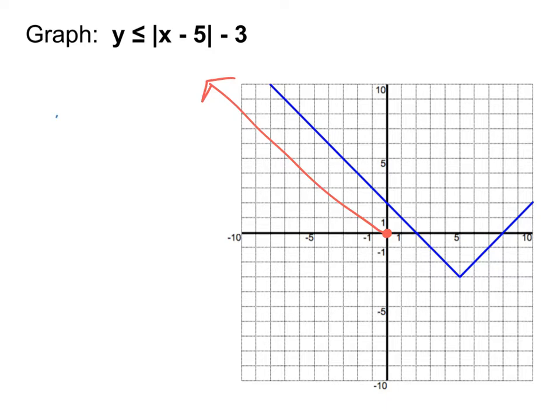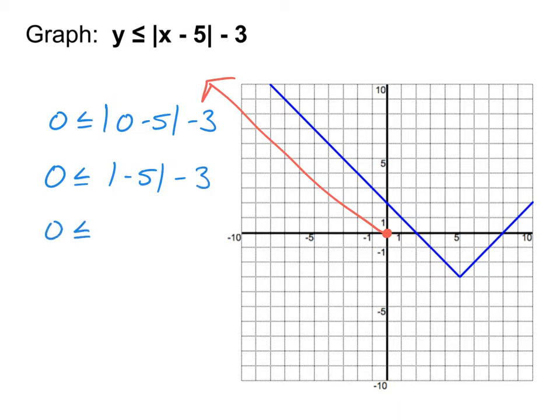If I do that, then it becomes 0 is less than or equal to the absolute value of 0 minus 5, minus 3. And I'm going to look to see what that equals. So the 0 just stays a 0. Then I have the absolute value of negative 5 minus 3. And then I have 0 is less than or equal to, the absolute value of negative 5 is 5.